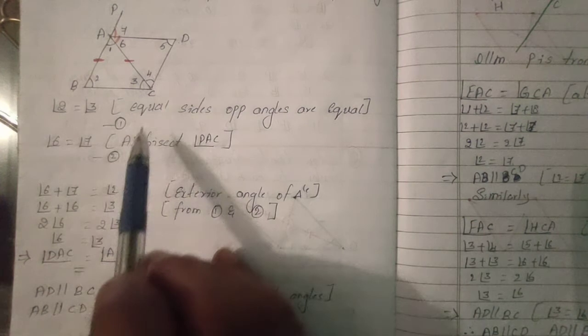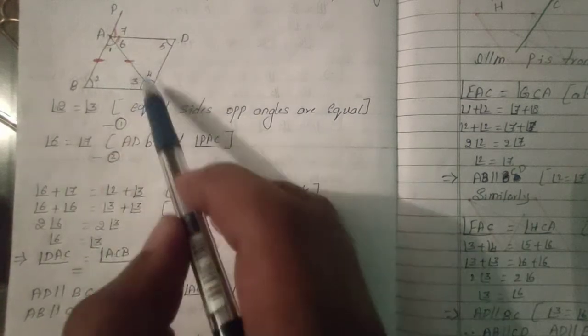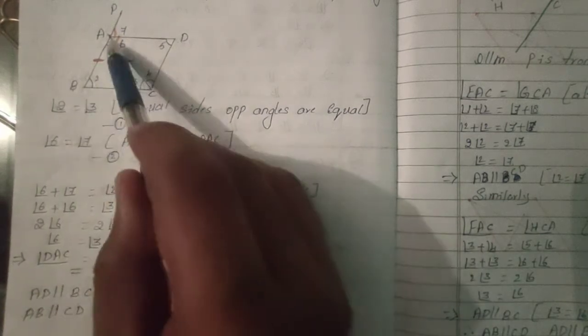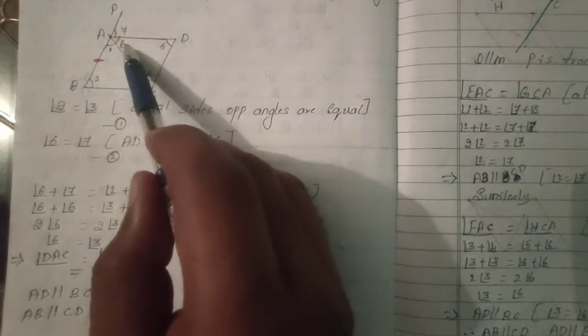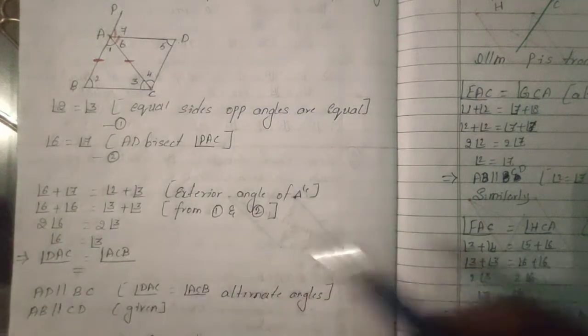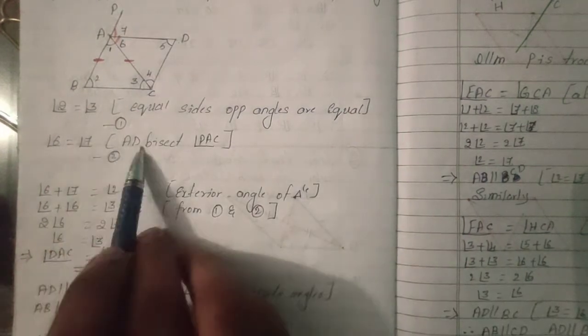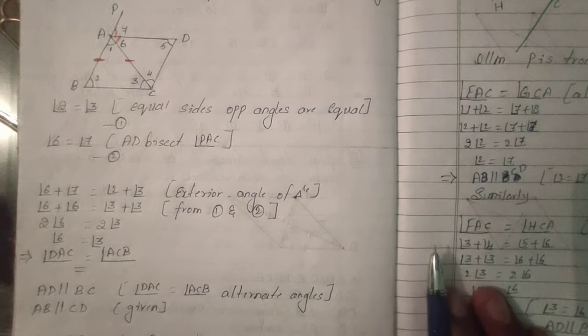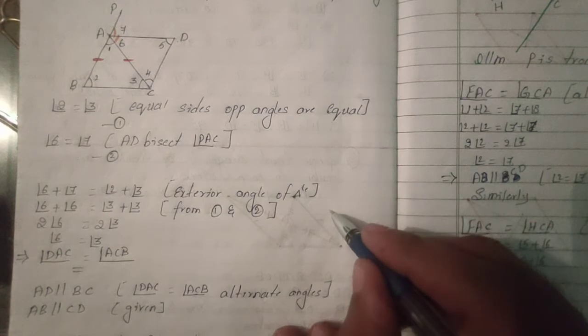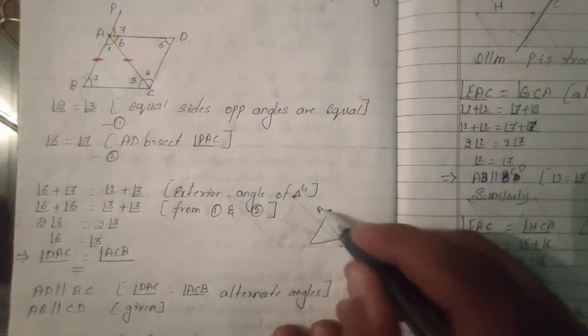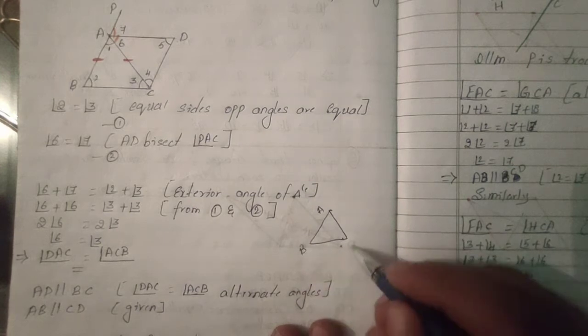And this AD bisects this complete angle, the exterior angle. PAC is the exterior angle for this triangle. This complete angle is bisected, so 6 and 7 are equal. AD bisects the angle PAC. Now see here, this is triangle ABC.